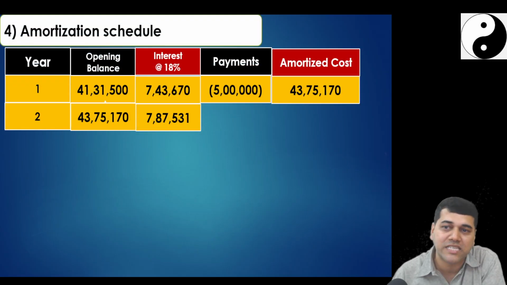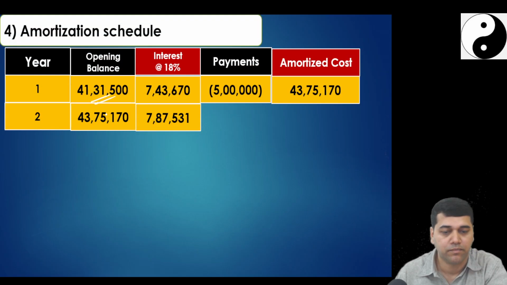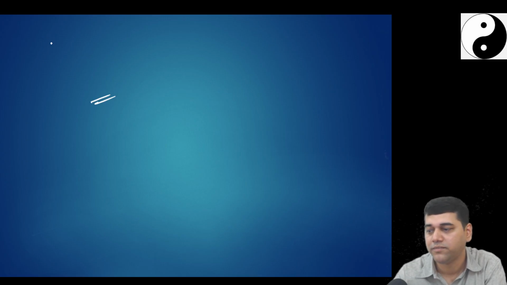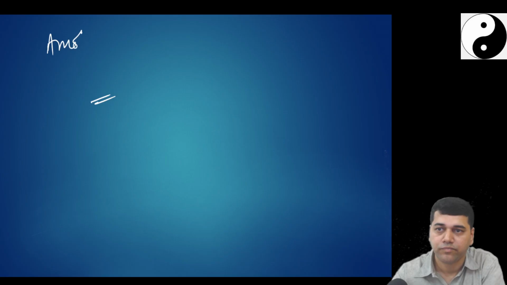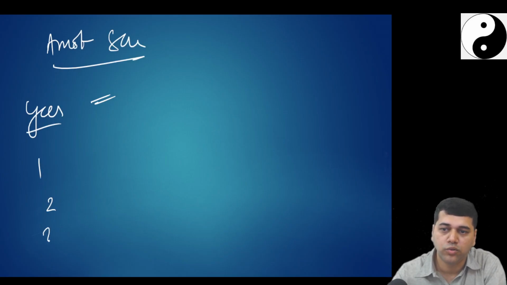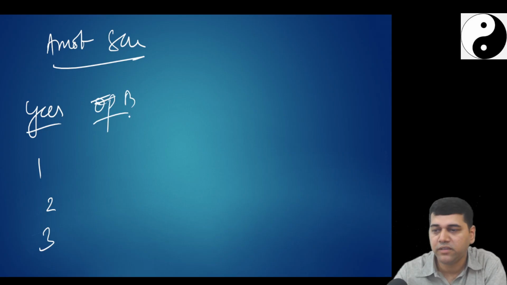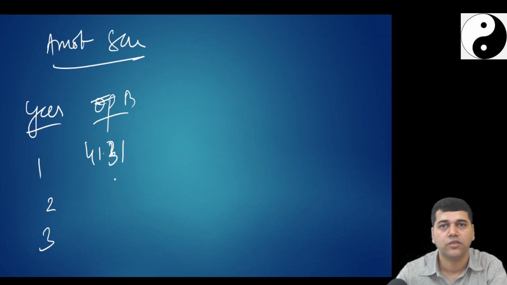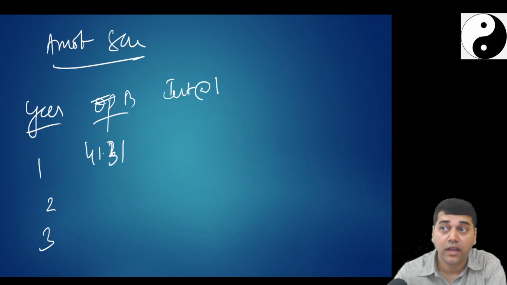If you prepare an amortization schedule, I start with 41.31, right? Year 1, 2, 3. What is my opening balance? 41.31, correct? What is my interest? 18%.